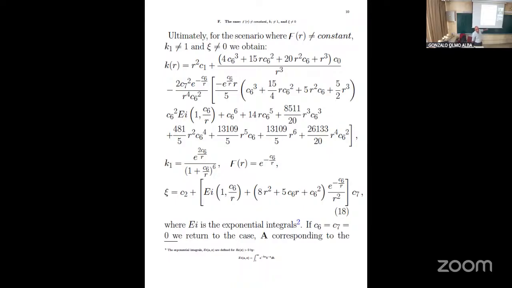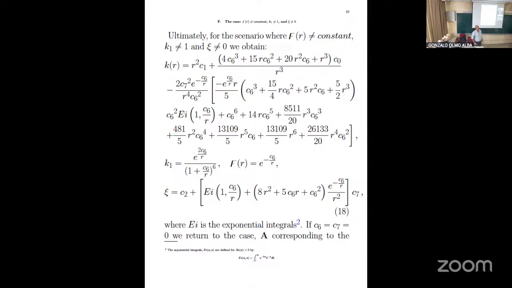Even if you have many terms and many constants, in the end you have many options. You can consider the leading terms in some regimes and then extract basic information. But is it for small r or large r? You need to look at the two.